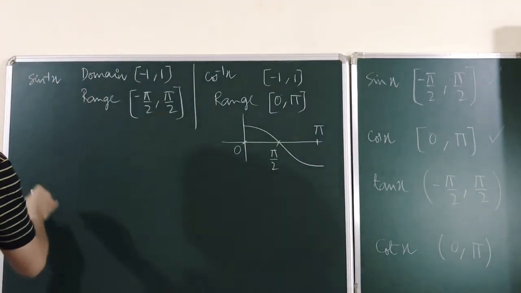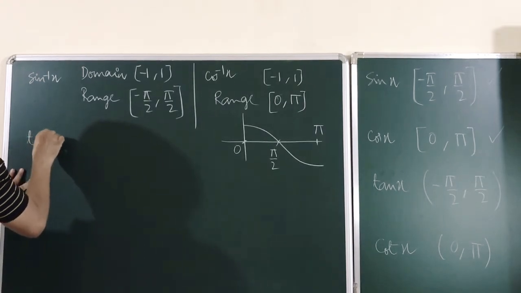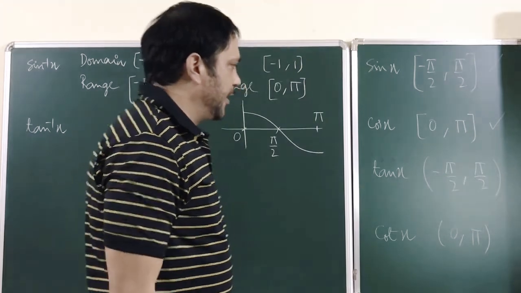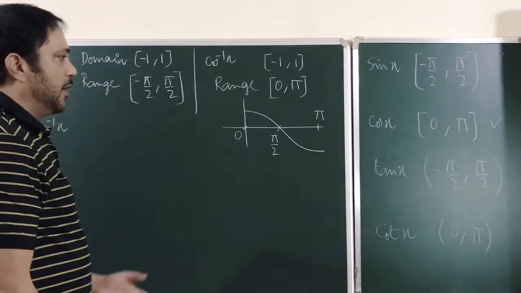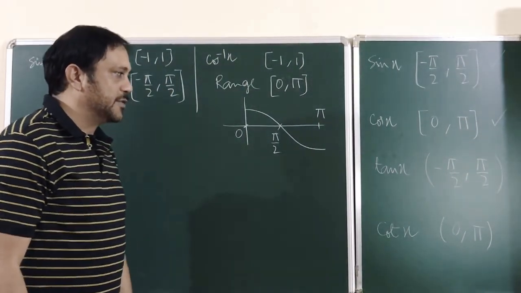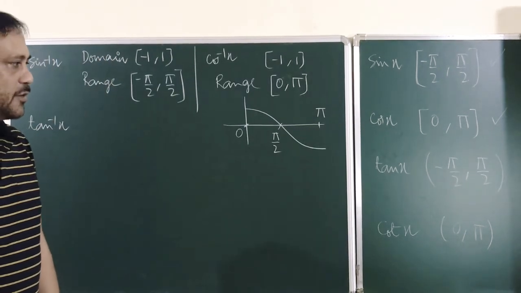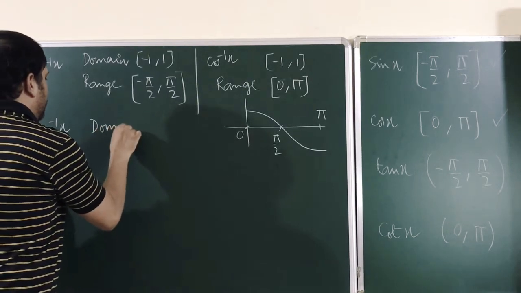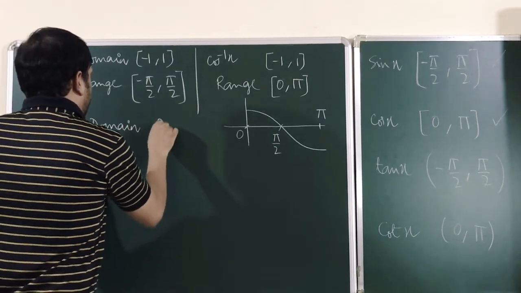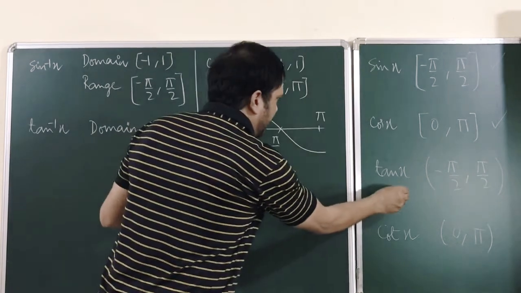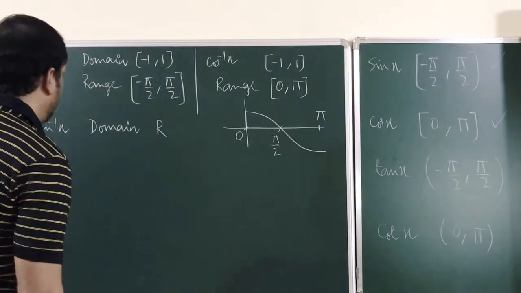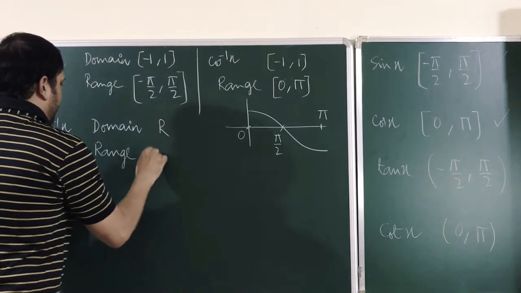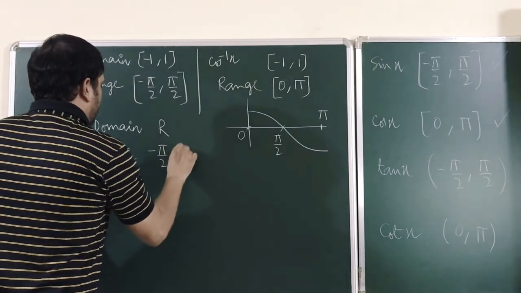So now for the tan inverse of x. For the tan inverse of x, the principal domain we have taken is minus pi by 2 to plus pi by 2, and you know all the real numbers you get as answers from minus pi by 2 to plus pi by 2 for the tan of x. So the domain for the tan inverse of x is all real, because the answers which you get from tan of x are all real, and the range is open interval minus pi by 2 to plus pi by 2.